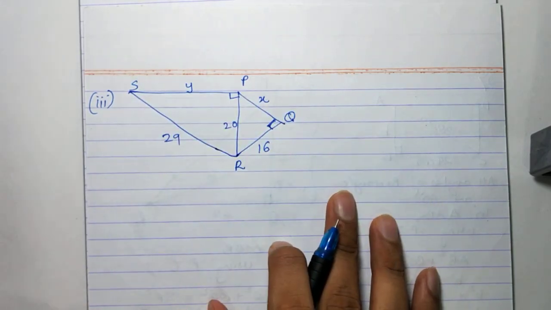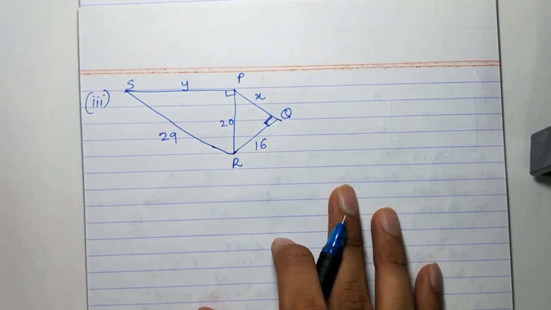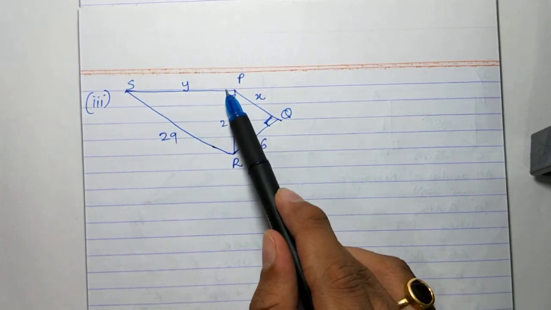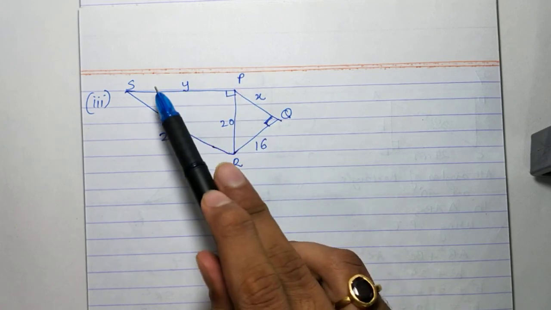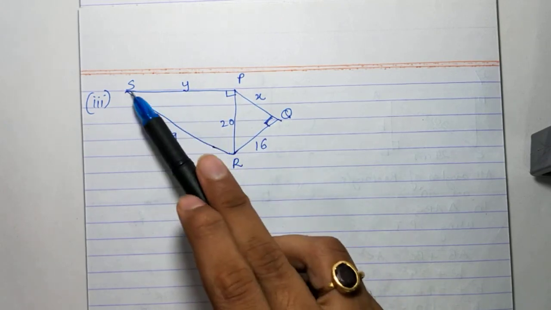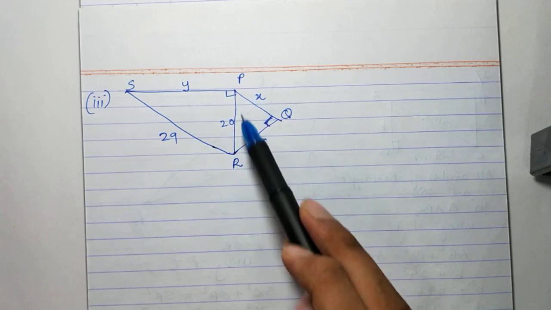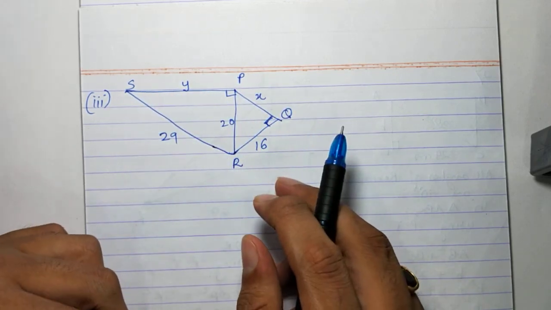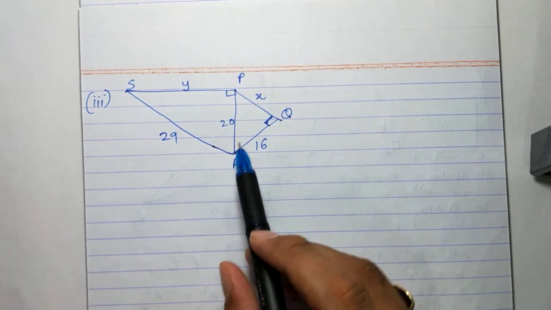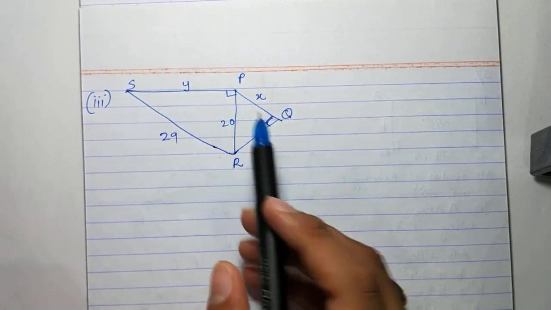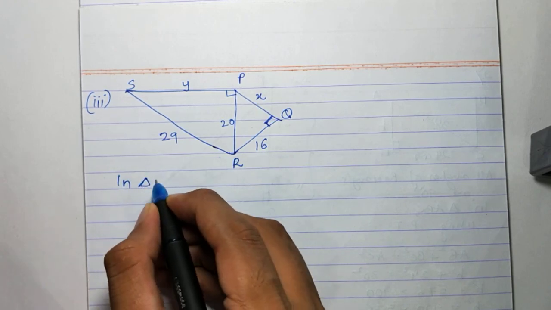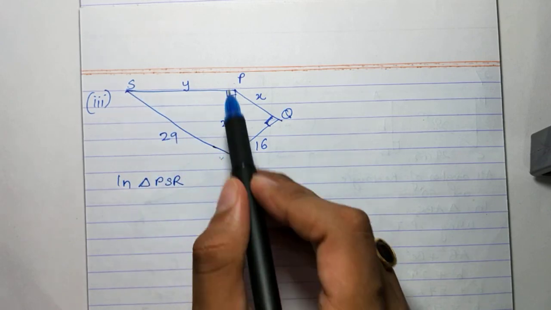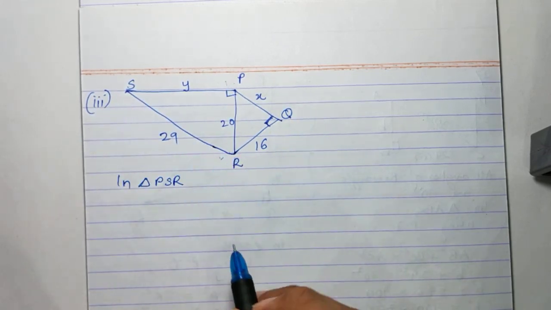So in this sum, if you see carefully, in this triangle, 90 degree is here. So this is the hypotenuse SR. One side is 20, another side is y. So let's apply Pythagoras theorem in the triangle. In triangle PSR, we are talking about this triangle. SR is the hypotenuse.